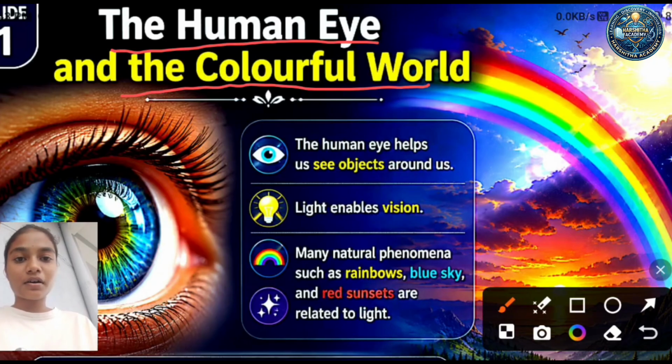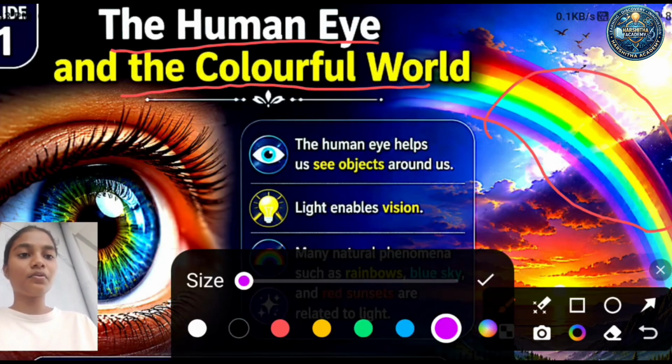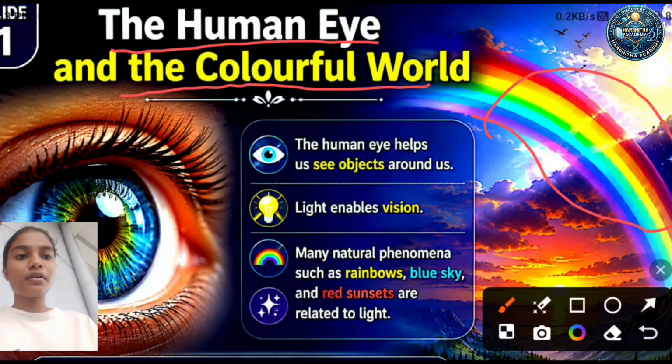Around us, in our environment, we have so much colorful nature. You're looking here, this is a rainbow. You know that this is a rainbow. So how are you looking at this beautiful rainbow with your eyes? What I'm going to tell you is that the human eye helps us see objects around us.